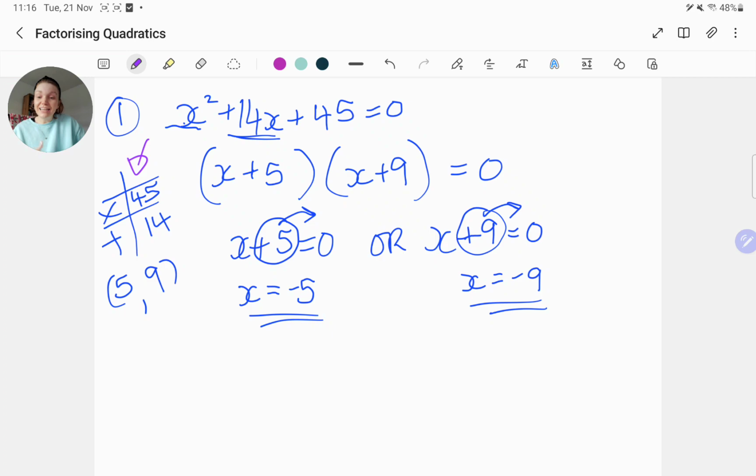Then we worked out that 9 times 5 is 45 and 9 plus 5 is 14, so it works perfectly. Then all you do is put it into two brackets, and we have x and 5 and x and 9 in our brackets, and then we can say that x plus 5 equals 0 or x plus 9 equals 0. In a later video, I'm going to show you how to expand those double brackets.